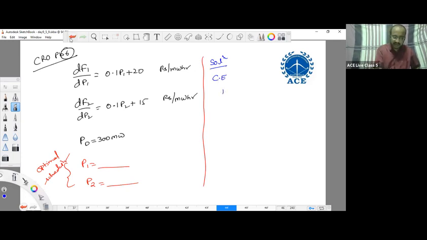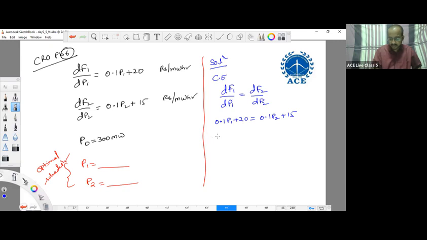Incremental cost must be the same, yes or no? So dF1 by dP1 must be equal to dF2 by dP2. This gives 0.1 P1 plus 20 is equal to 0.1 P2 plus 15.